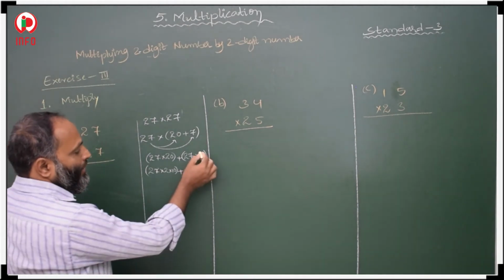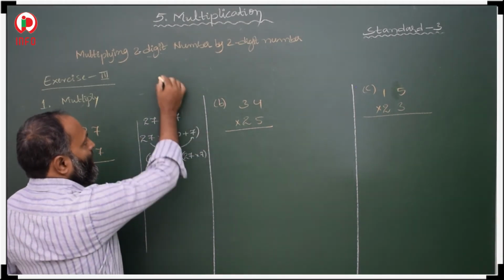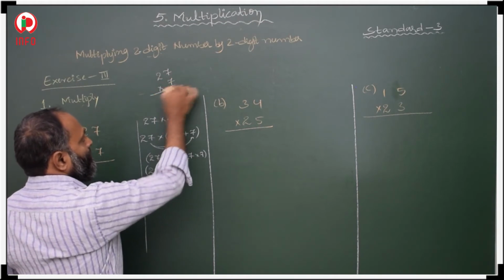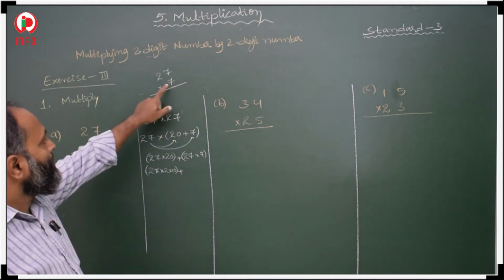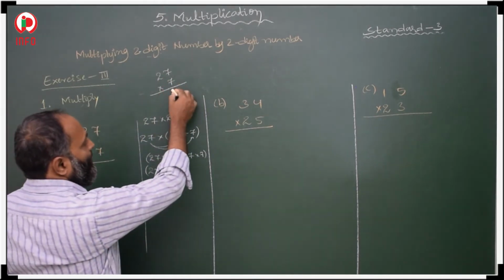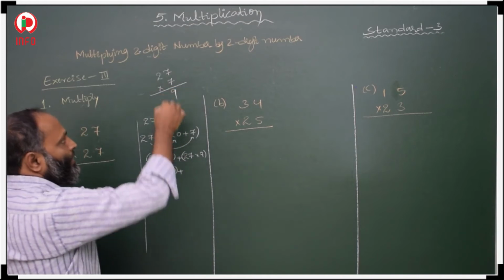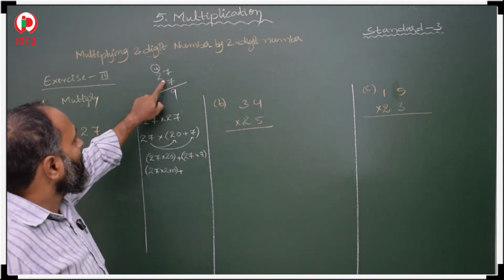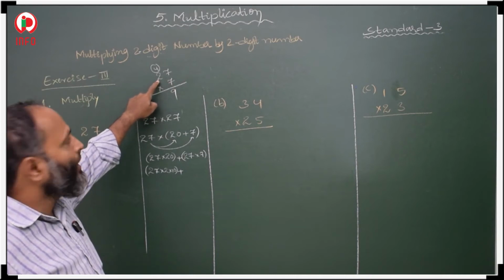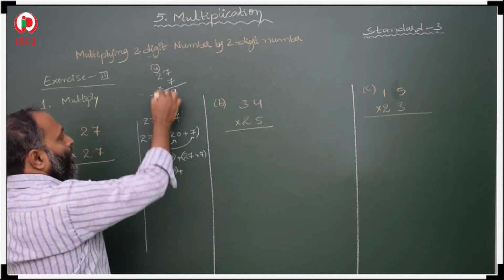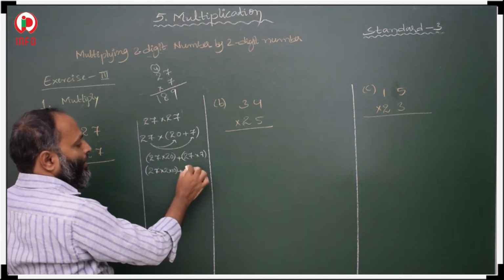First we have to multiply this. 7 sevens are 49. 49 means 9 in ones place, 4 in tens place. 7 twos are 14. 14 and here borrow. 14 plus 4, 18. 189.